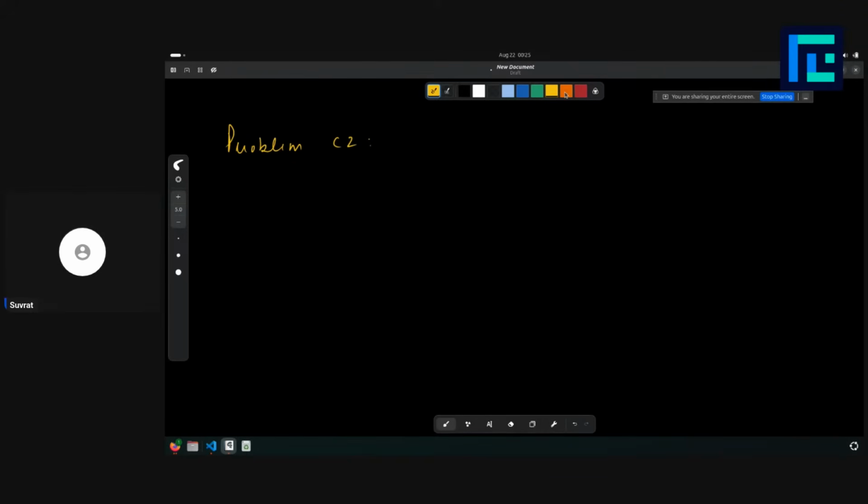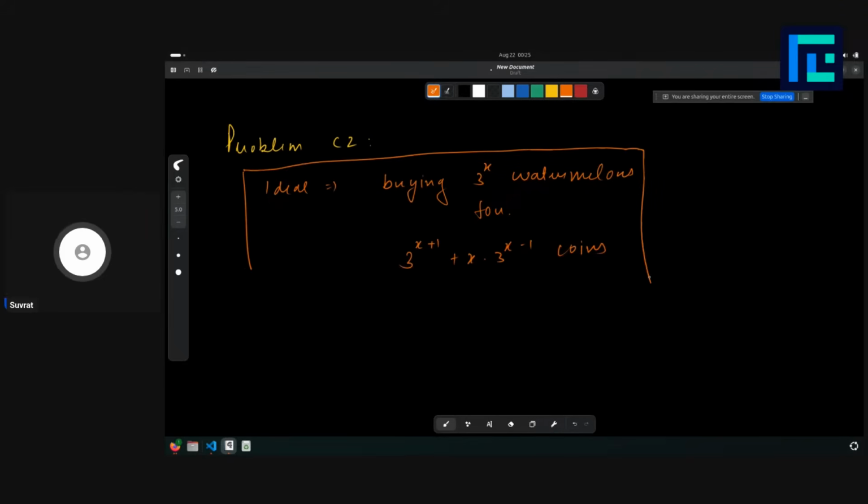One deal is basically buying 3 to the power x watermelons for 3 to the power x plus 1 plus x into 3 to the power x minus 1 points. So this is the definition of one deal. It is the same as in last problem.